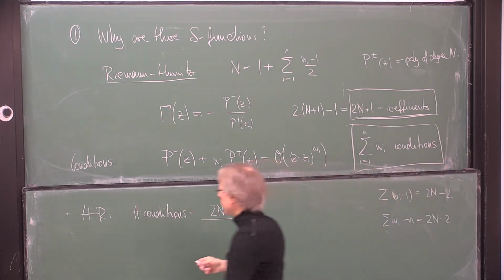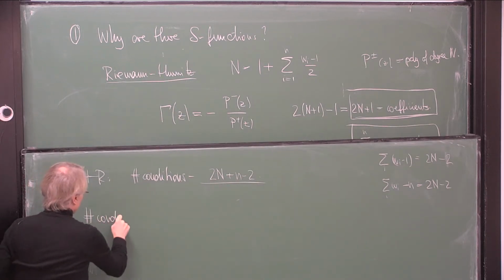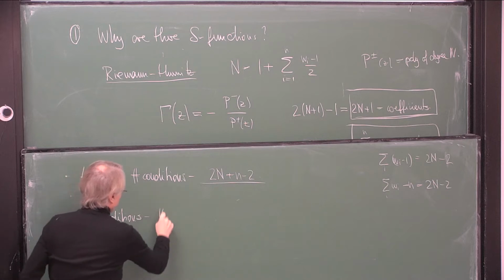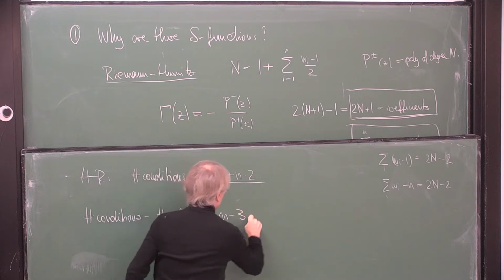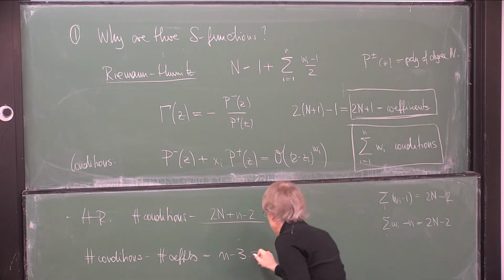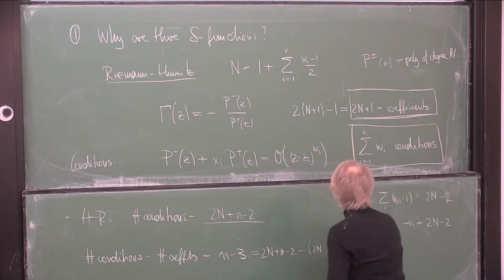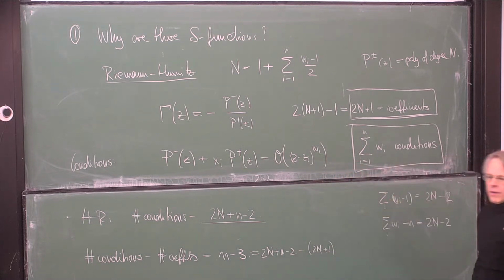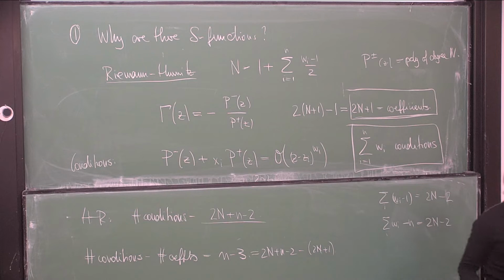So the number of conditions minus the coefficients is equal to n minus 3. It's 2n plus n minus 2 minus 2n plus 1. So it's n minus 3, so you only expect the covering map to exist on a space of codimension n minus 3.